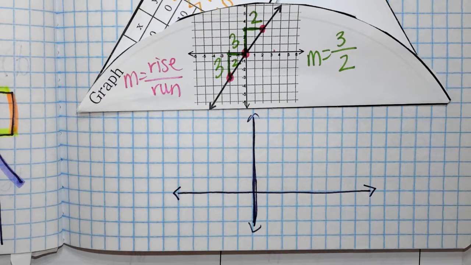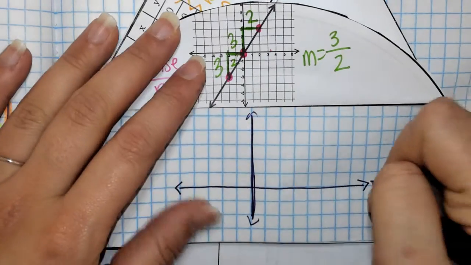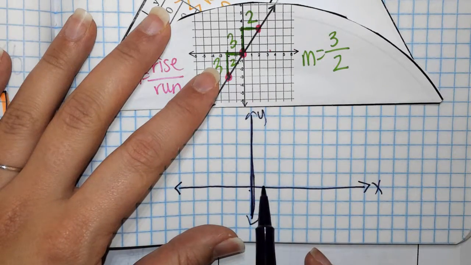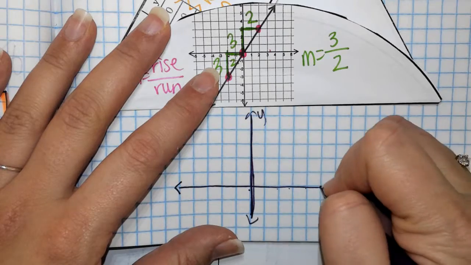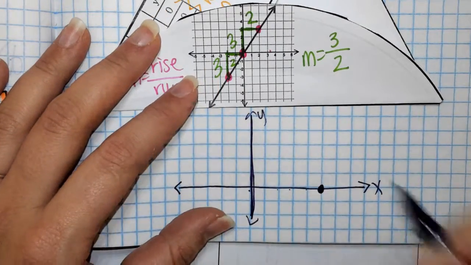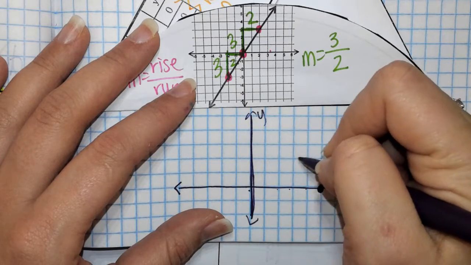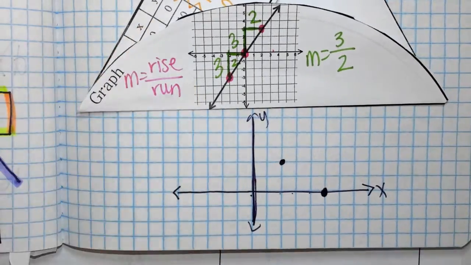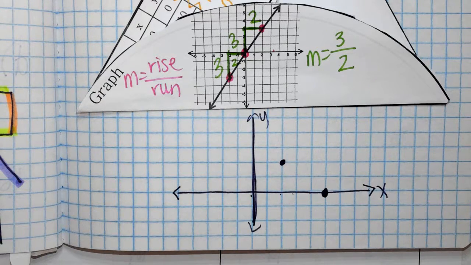All right, I would like everybody to please put a point, and this is our X, this is our Y. I want you to put a point at 5, 0. With your pencil. And then we're going to use that marker to do the slope.